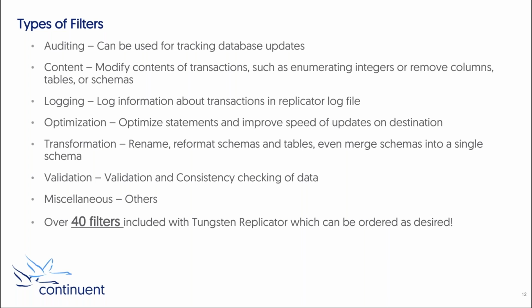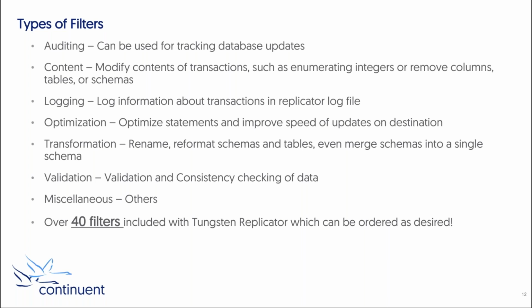One good use case for this might be if we have an enum field, an integer 1, 2, or 3, and we want to expand those to have meaningful names. So 1 might mean in process, 2 could be closed, and we can expand those on the fly. When we write to the target, it actually has the more meaningful name instead of just a number.